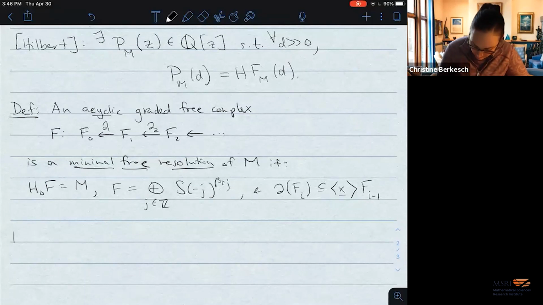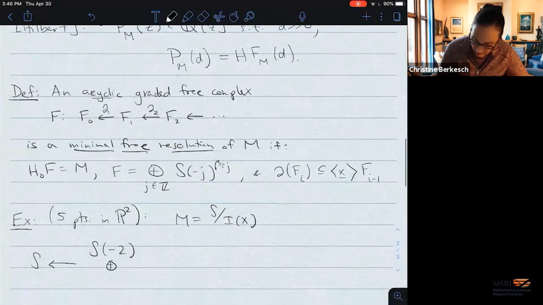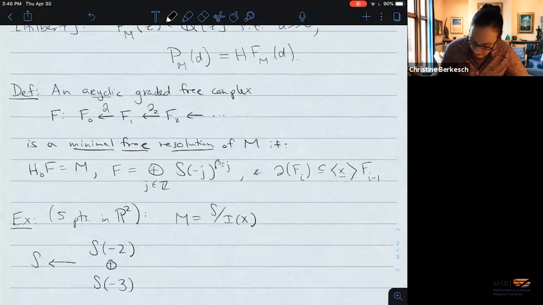So let's go back to our example that we just had, our 5 points in P2. So if our module is S mod I of X in that setting, then our free resolution, in the 0th position, we have our S, and then remember our ideal was generated by one form of degree 2, and then 2 forms of degree 3.